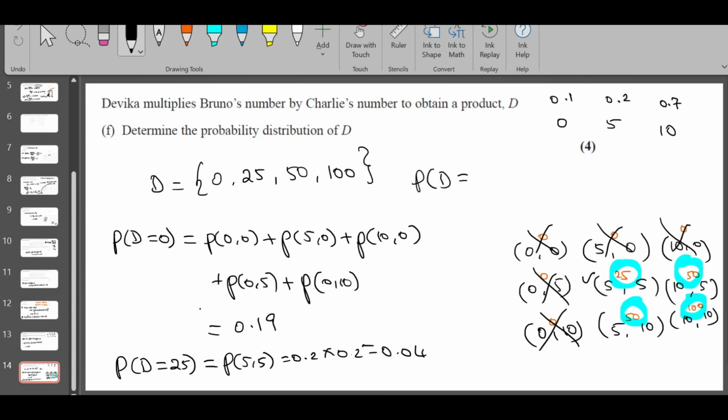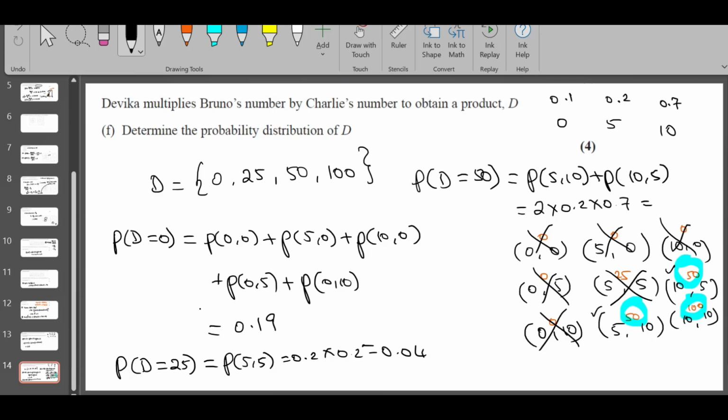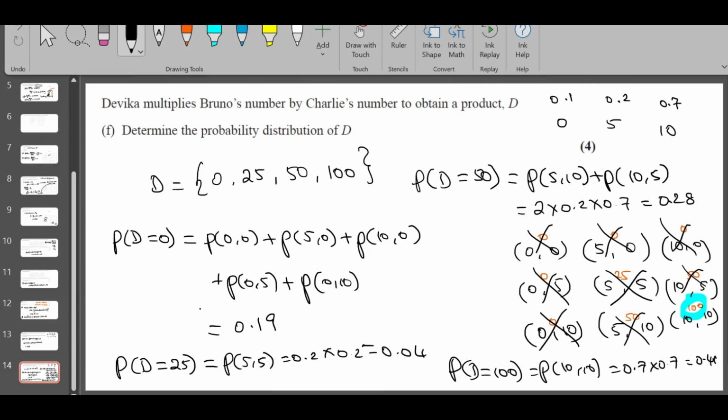Then D equal to 50: there are 2 combinations, (5,10) and (10,5). So it's 2 times 0.2 times 0.7, and we get 0.28. And then the last one is 100: P of D equal to 100 is P of (10,10), which is 0.7 times 0.7, that is 0.49.